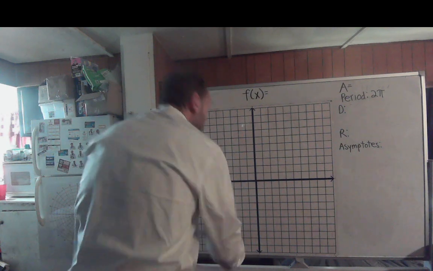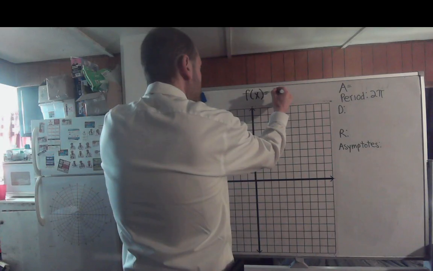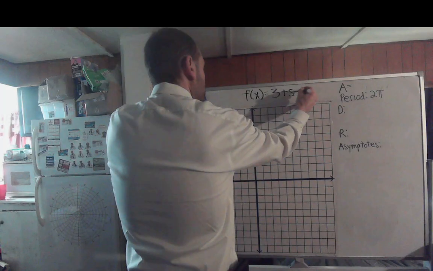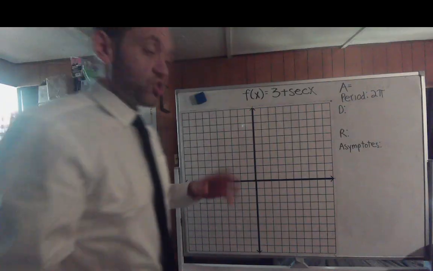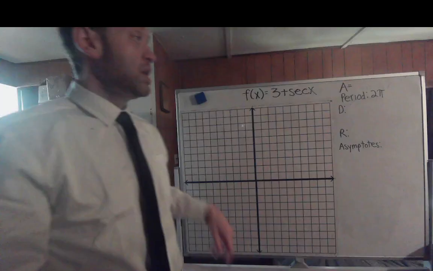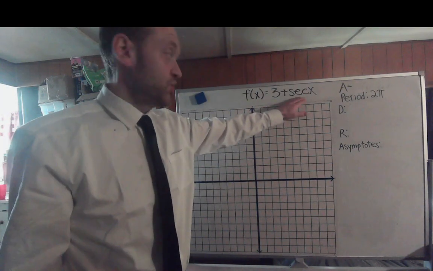All right, let's start with the secant of x. So f of x equals, let's say, 3 plus the secant of x. So, of course, much like with your sine and cosine, or really any other function in general, you have a constant plus your function.